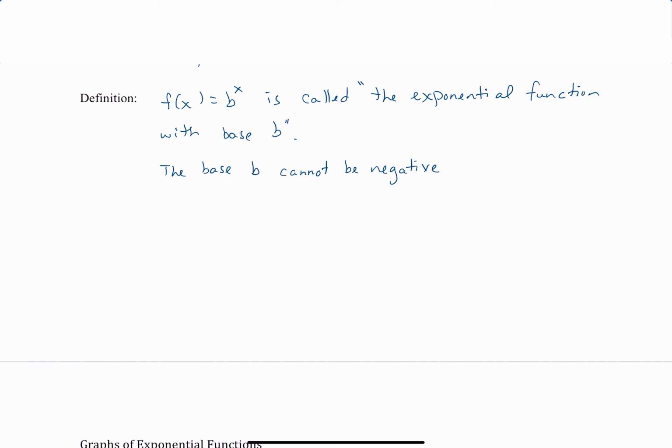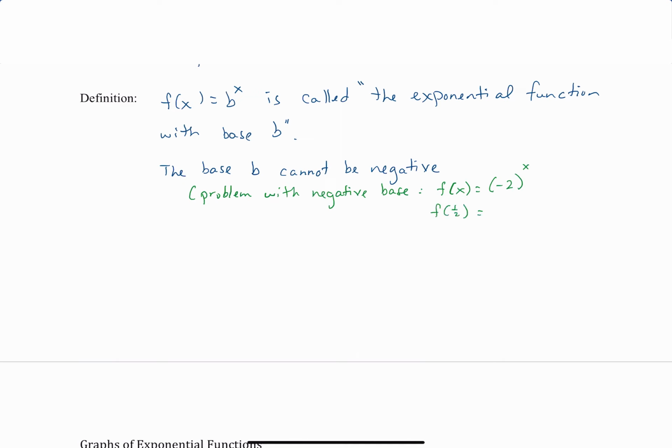And the reason we're not allowing negative bases is because of the problem that can arise with a negative base. Suppose f of x was negative 2 raised to the x power. What would f of 1/2 be?